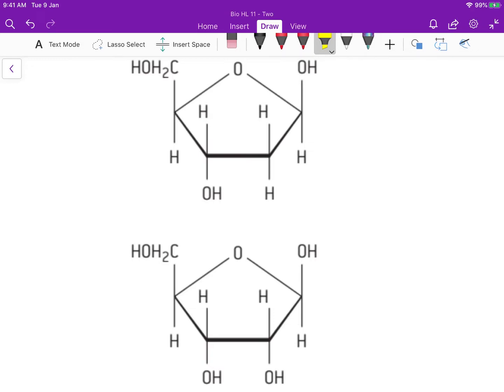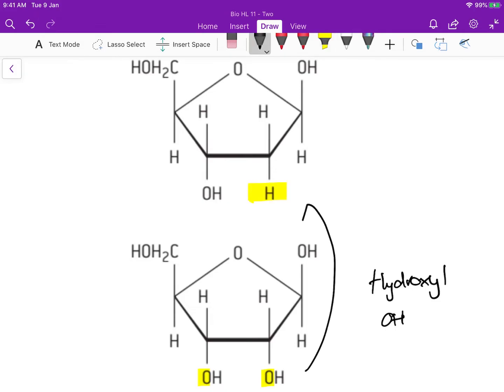So we can see down at the bottom, here we have 2 oxygens. We've got OH and OH as part of those hydroxyl groups. A hydroxyl group is an OH group. Whereas up at the top, we have removed oxygen.